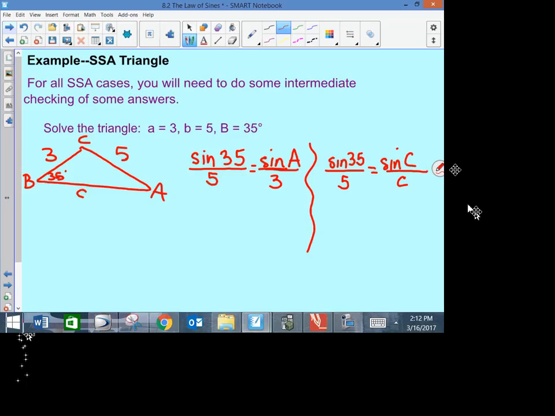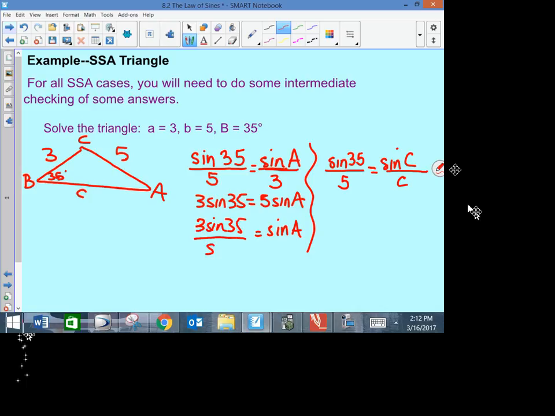Okay, so let's do this slowly and see what is different. What's sine of A equal to, algebraically? Let me just do the math here, just multiplying. So what's sine of A equal to, Connie? 3 sine 35 divided by 5. Okay.